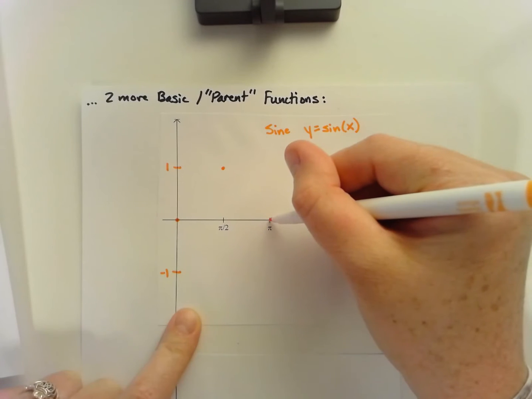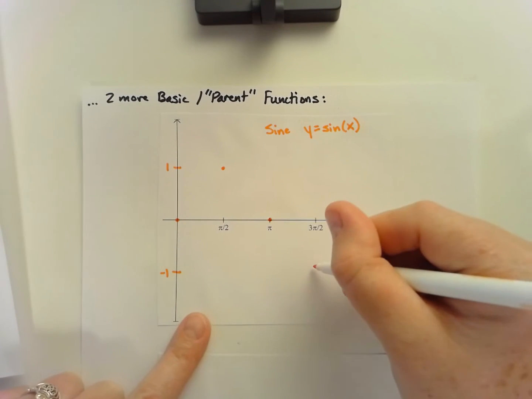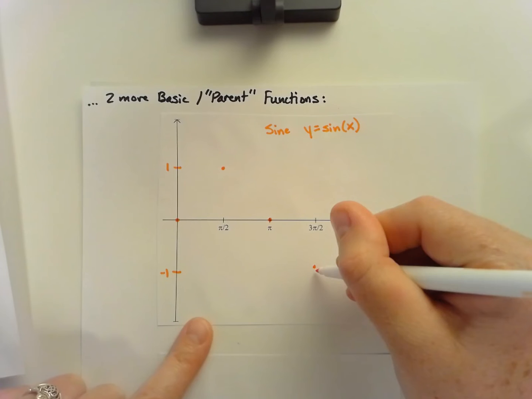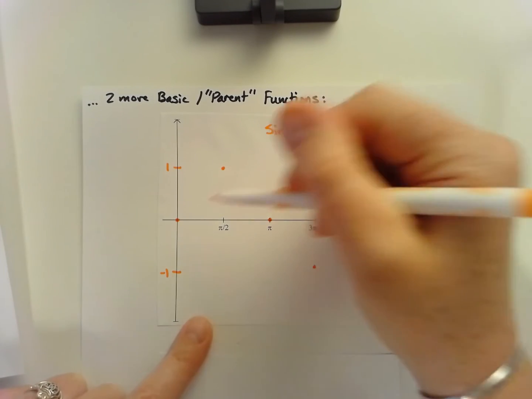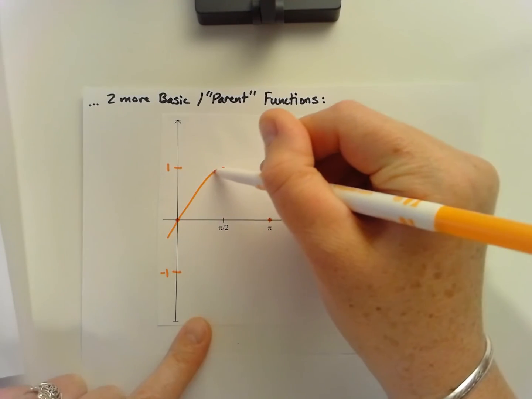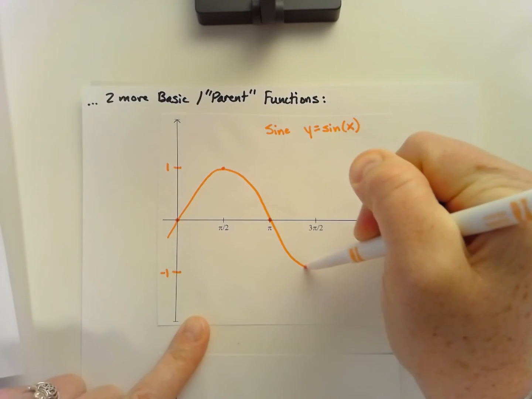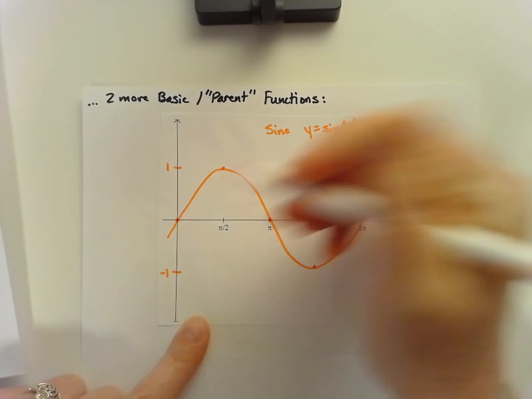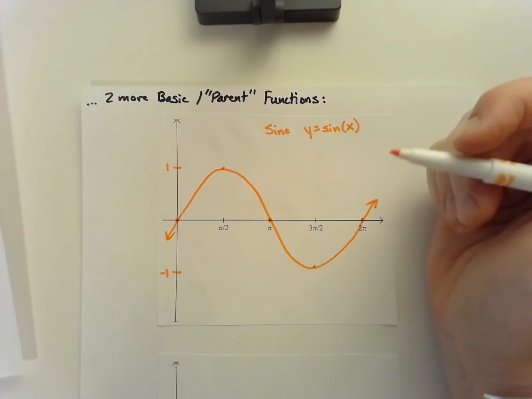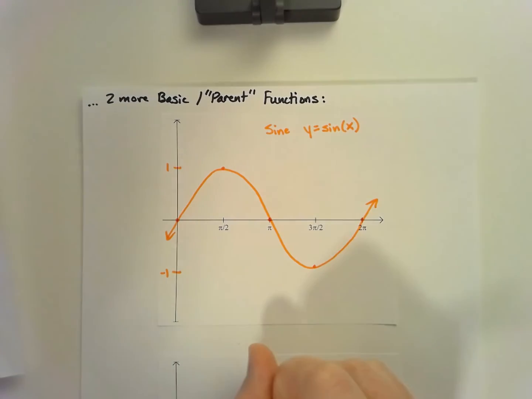Put a dot at 0 for pi, at negative 1 for 3 pi divided by 2, and then back to 2 pi. And then draw kind of an S curve that is sideways. And that's your basic sine function, your parent sine function.